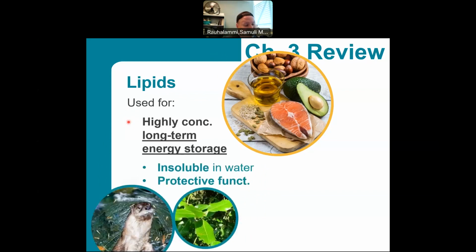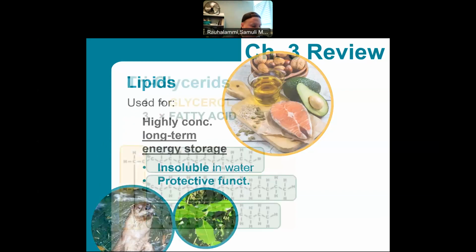Lipids also are insoluble in water, and we find lipids used on the surface of certain organisms. For example, on the surface of plant leaves, you might find lipids protecting that structure. On the fur coat of certain animals, you might have a lipid coating so that the water doesn't penetrate through.